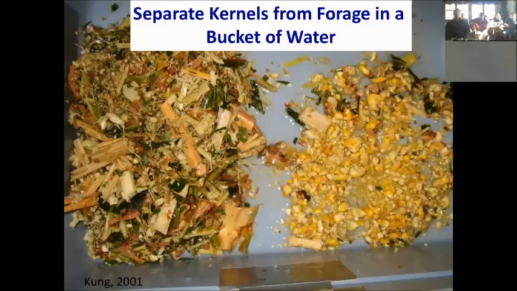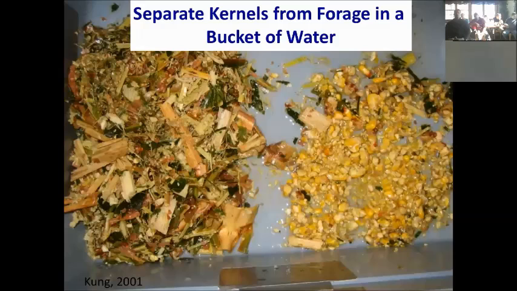What'll happen in fresh material is all of the husks, the cobs, the shank, the leaves will basically float, and all of the corn kernels will basically fall to the bottom. Now, it's not a perfect test because there's a lot of fine particles that can occur here. But once you have this kind of washed out in your bucket for a few seconds, what you can do is use your hand and physically remove as much of this floating material that you see here that's floating on the top of the bucket in a mat.